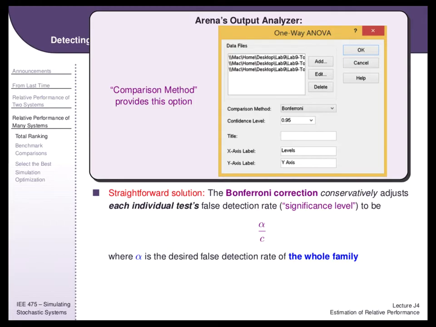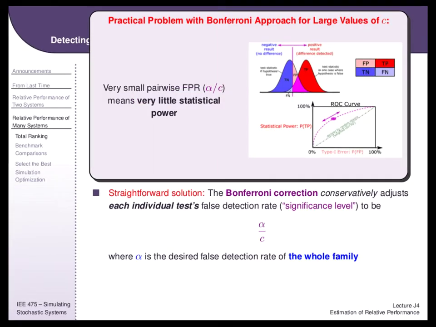And if you go into the Output Analyzer and you open up the one-way ANOVA and you put in all of your systems, call center 1, 2, and 3, under comparison method, you can select Bonferroni, and this is what it will do. And so for a small number of comparisons, this is a fine way to go. But as you get to a larger and larger number of comparisons, then you start thinking about this ROC curve.